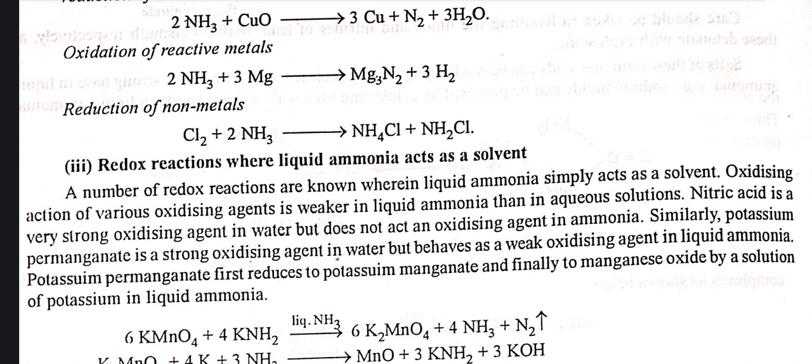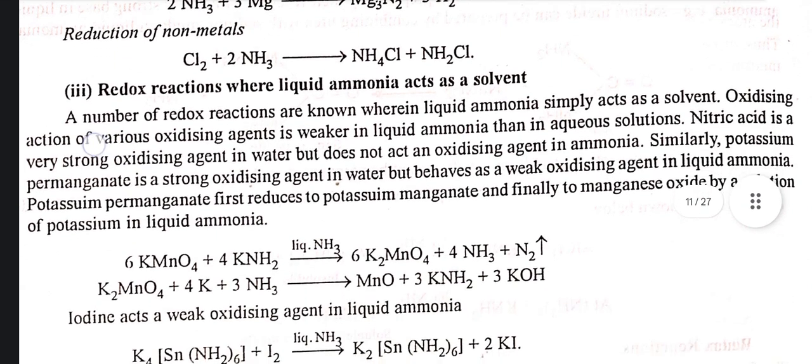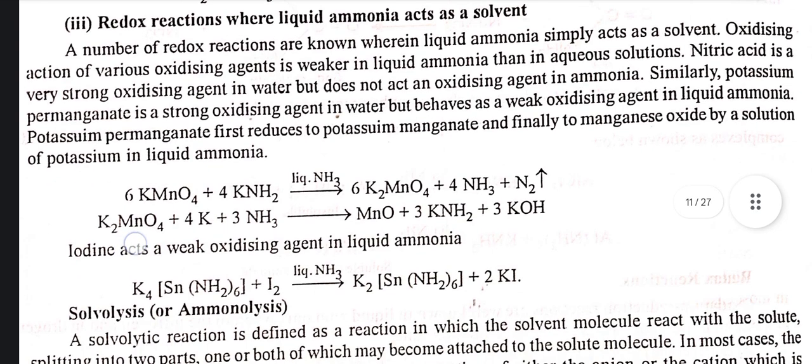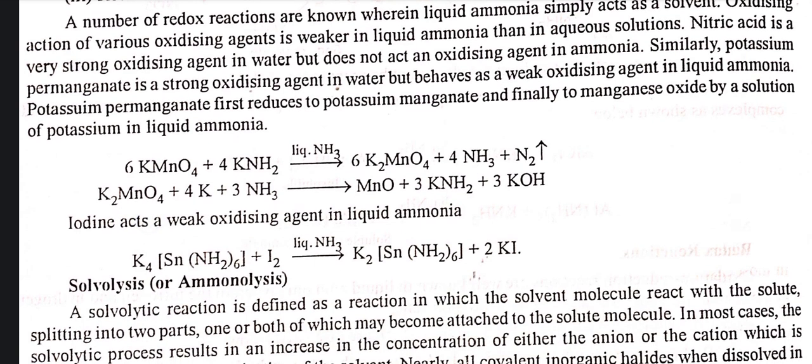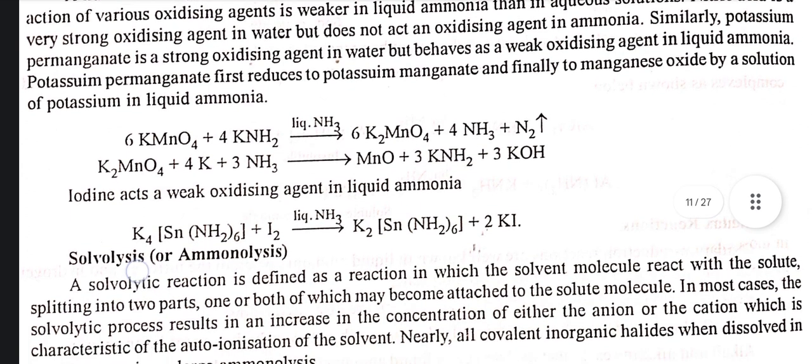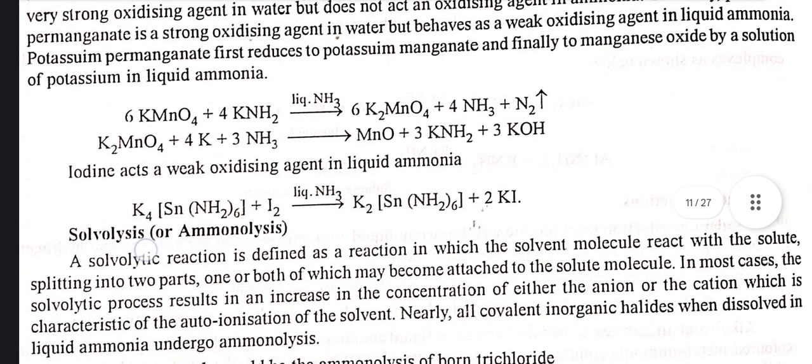Similarly, potassium permanganate is a strong oxidizing agent in water but behaves as a weak oxidizing agent in liquid ammonia. Potassium permanganate is first reduced to potassium manganate and finally to manganese oxide by a solution of potassium in liquid ammonia. Iodine acts as a weak oxidizing agent in liquid ammonia.